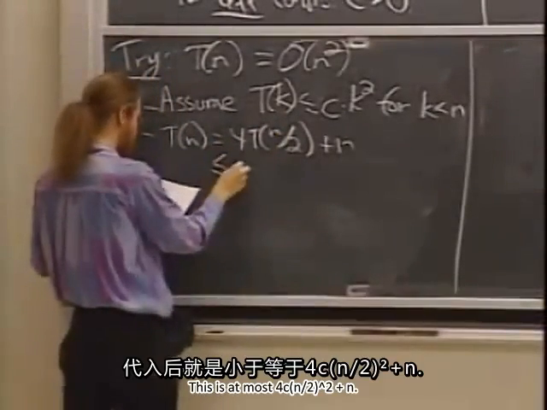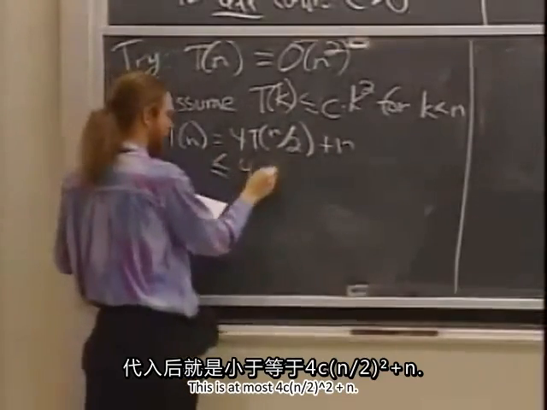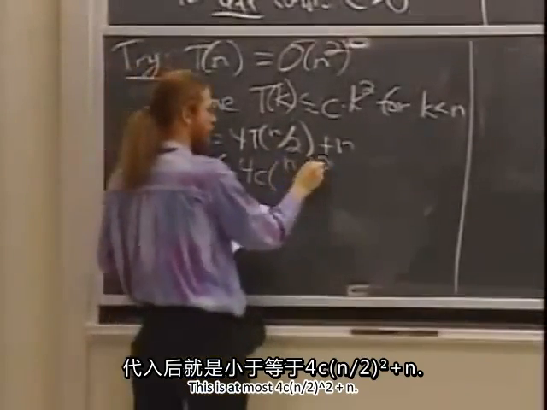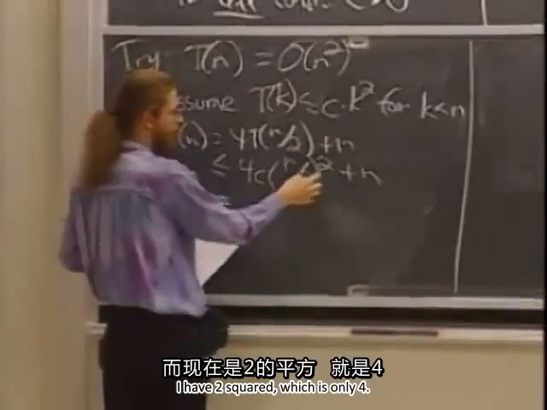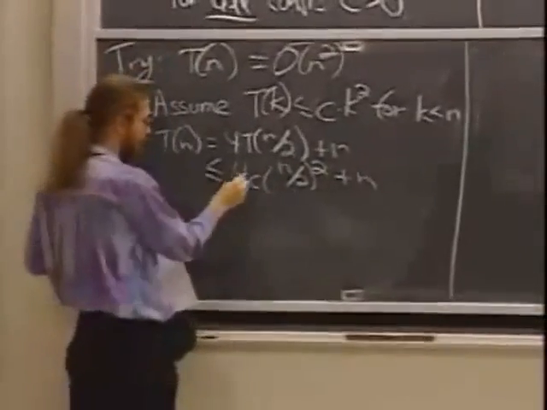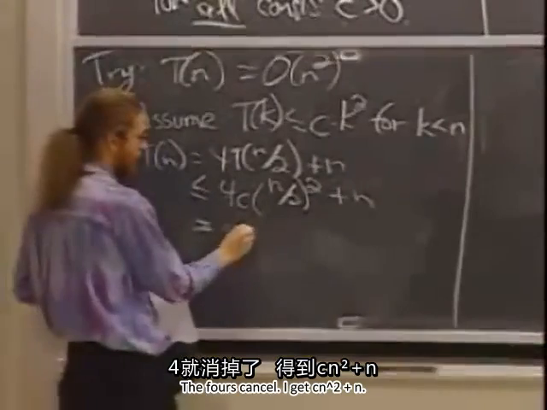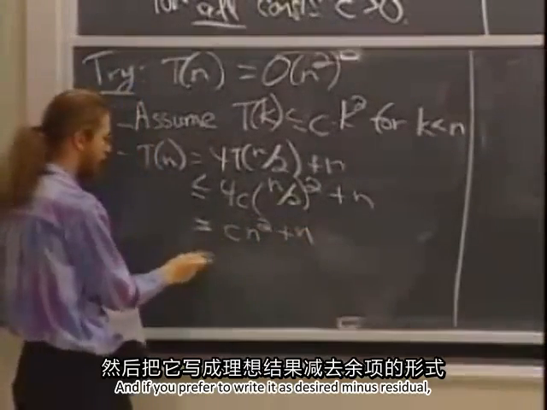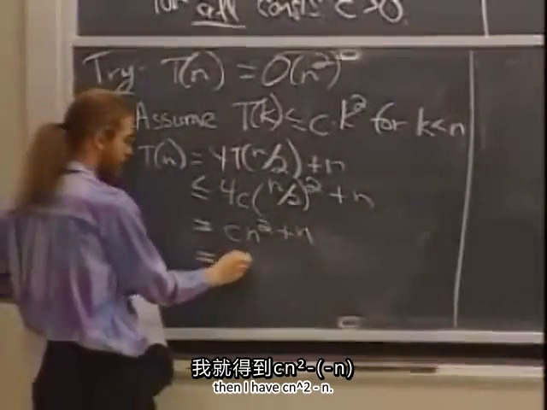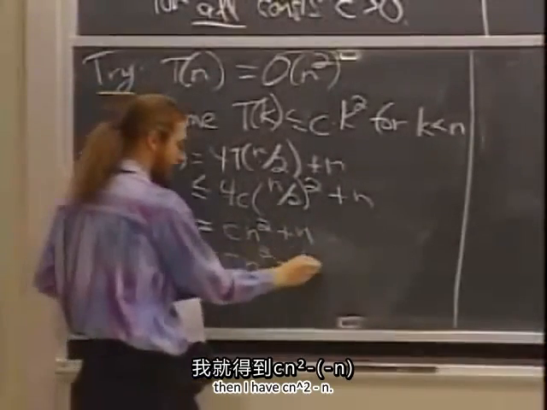This is at most 4 times c times n over 2 squared plus n. And now, instead of having 2 cubed, I have 2 squared, which is only 4. 4's cancel. I get c times n squared plus n. And if you prefer to write it as desired minus residual, then I have c n squared minus negative n.